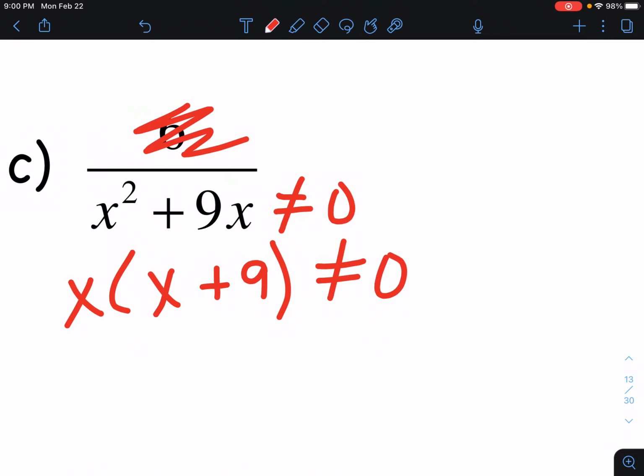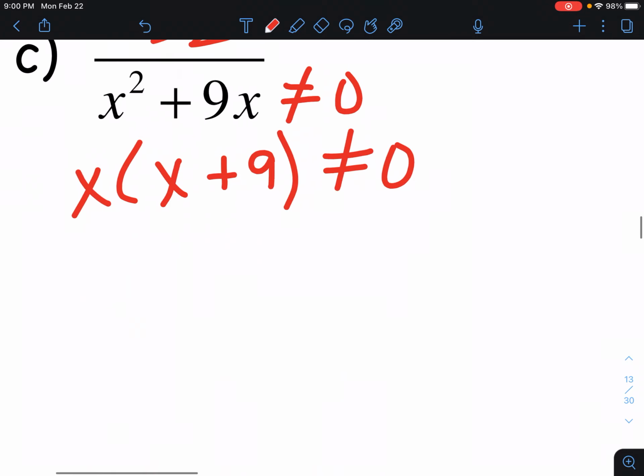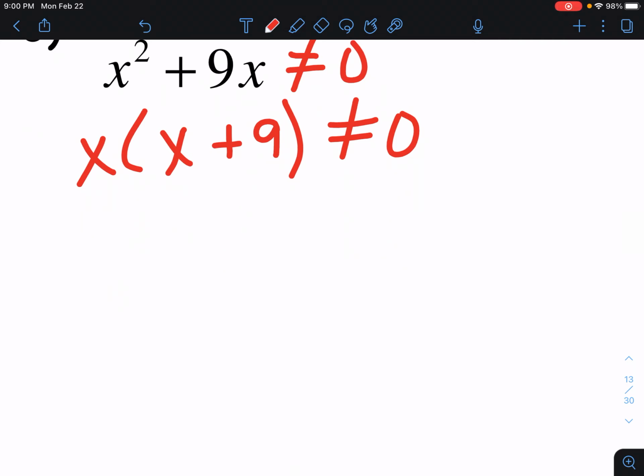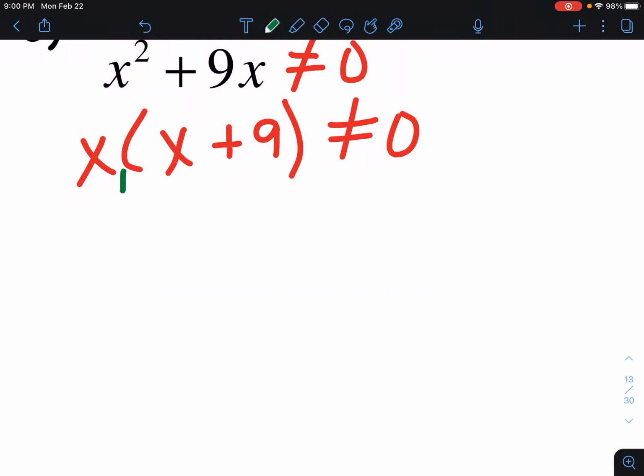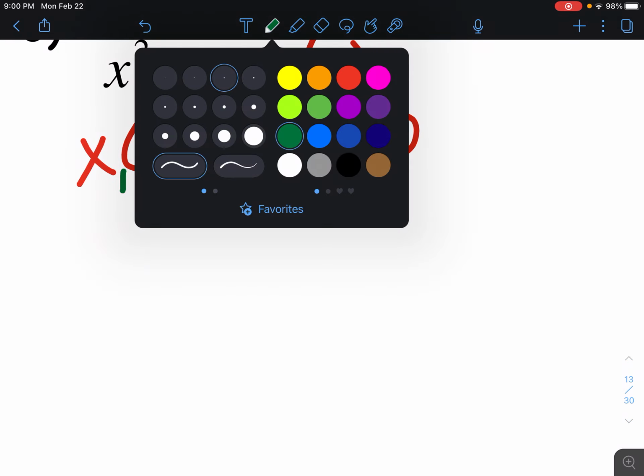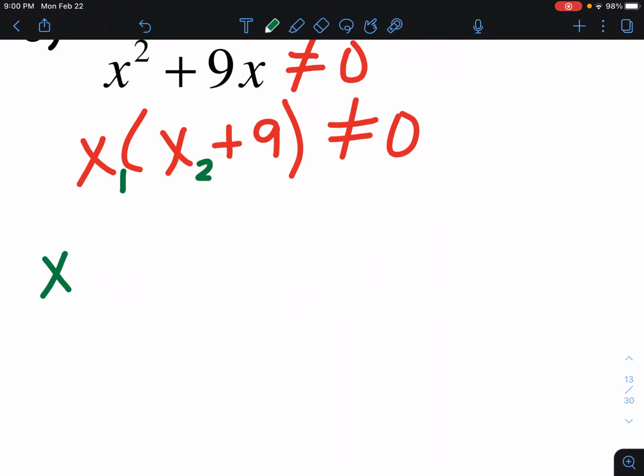Now when we have two factors, what we want to do is set each of these factors equal to 0. Let's call this x1 and this x2, just so we're labeling here. So we're going to say x1 cannot be equal to 0. That's my GCF right here.